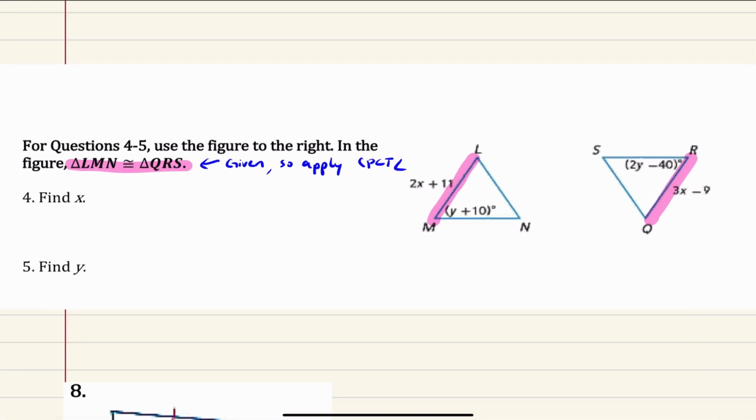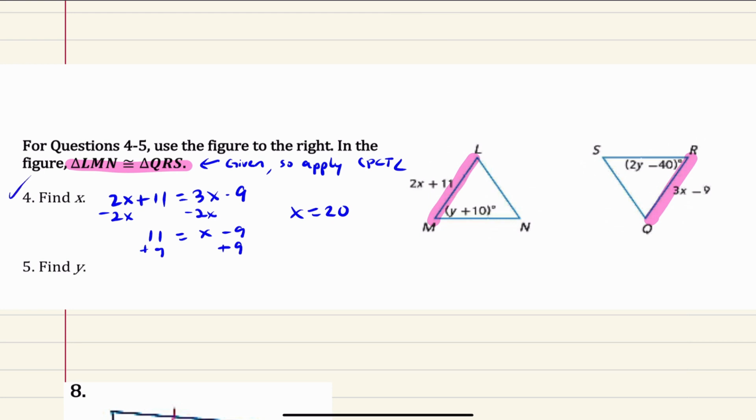So it's 2x plus 11 equals 3x minus 9. Minus 2x on both sides, so I get 11 equals x minus 9. Then I add 9 on both sides. So x is equal to 20. Okay, so that's me finding x.